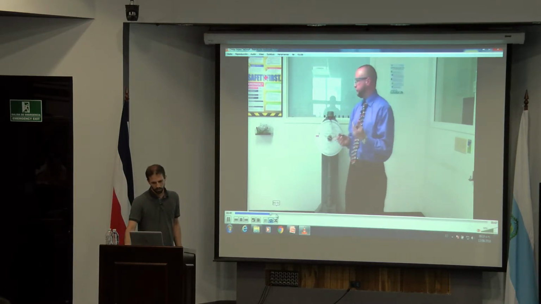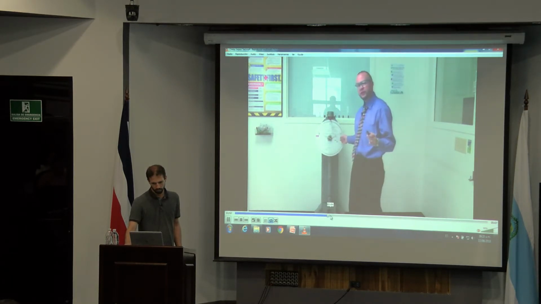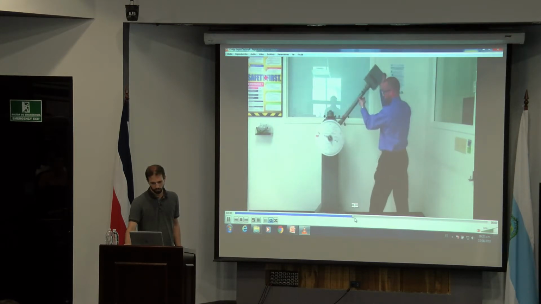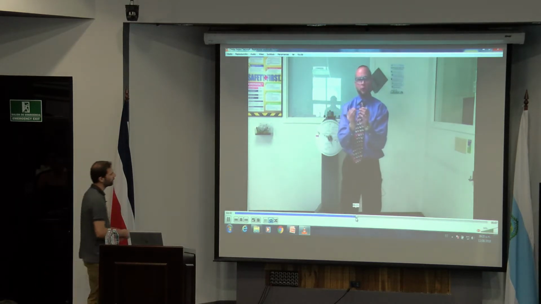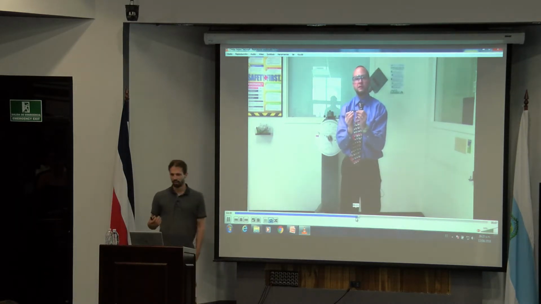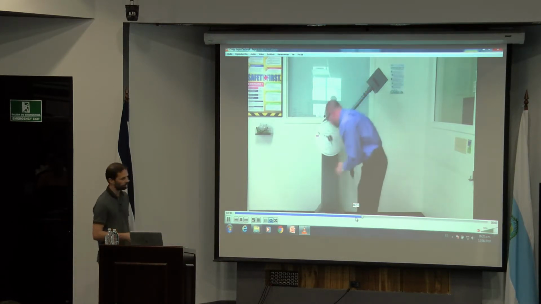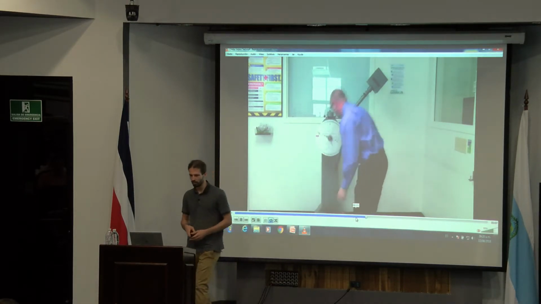Basically, he is using this hammer, gives the hammer a potential energy, and is loading the specimen.